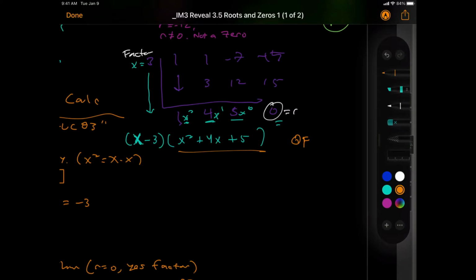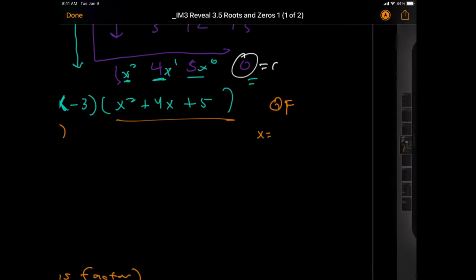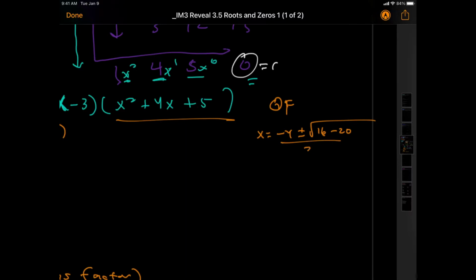So I'm going to do it super fast if you want to do it with me, or just trust me when I get the answer. So in orange there, x equals negative b plus or minus the square root of b squared, which is 16, negative 4 times a times c, which gives us negative 20, all over 2a.